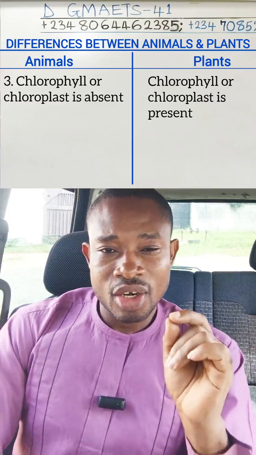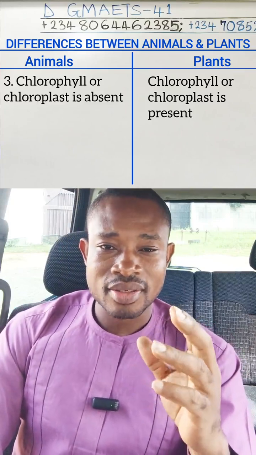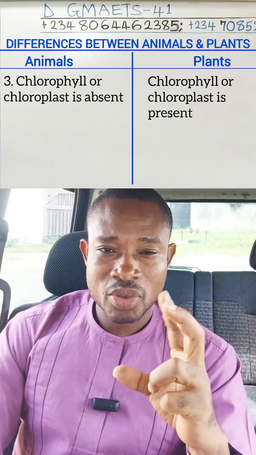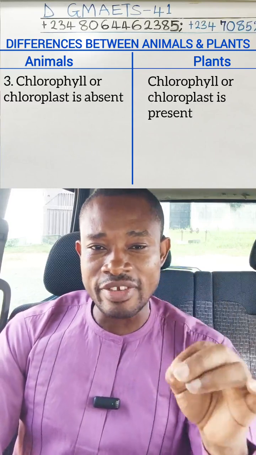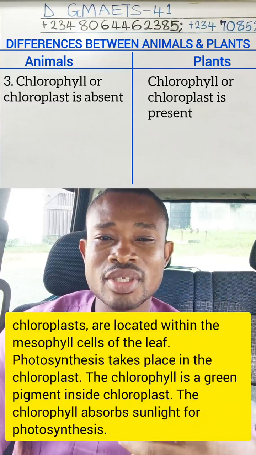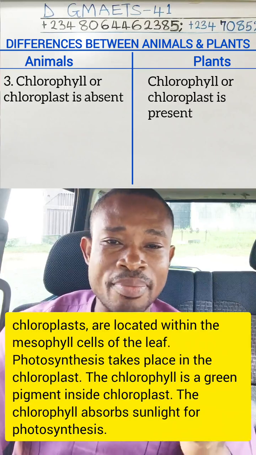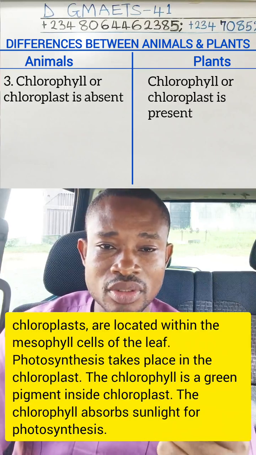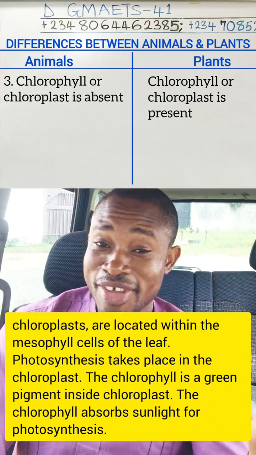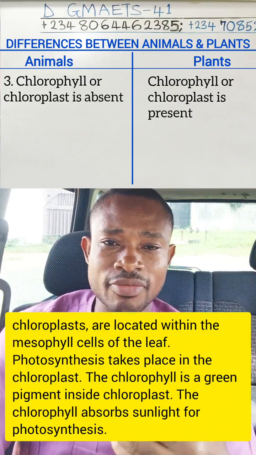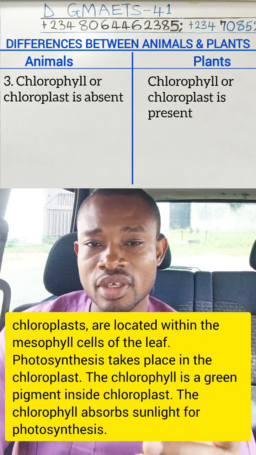Okay? Chlorophyll or chloroplast is responsible. In fact, that's the part of the leaf where photosynthesis takes place, so that the organism can be able to produce its own food. So if animals are dependent in terms of nutrition, they are heterotrophic.